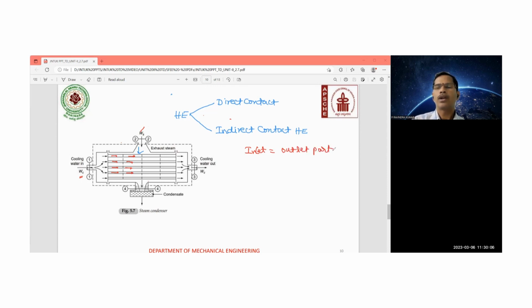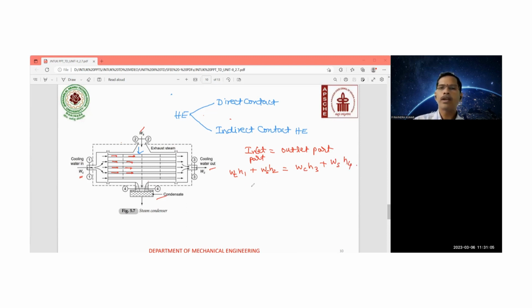Identifying the inlet part: the flow rate of the cold fluid at section 1, WC H1, plus the steam flow rate into H2, is equal to, at the exit section, the cooling water flow rate WC H3 plus the flow rate of the steam into H4.